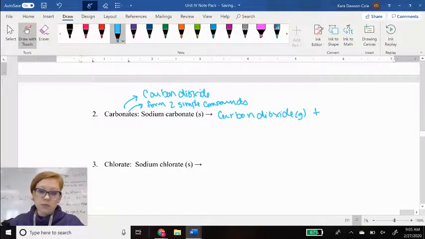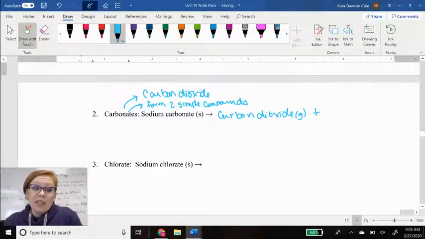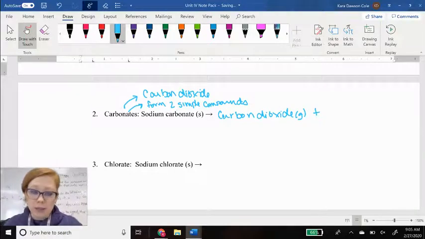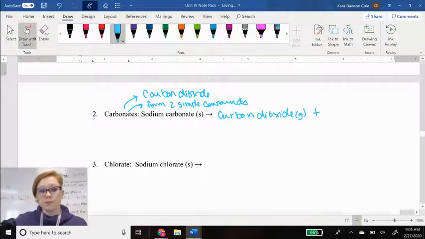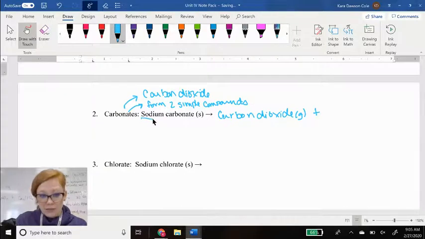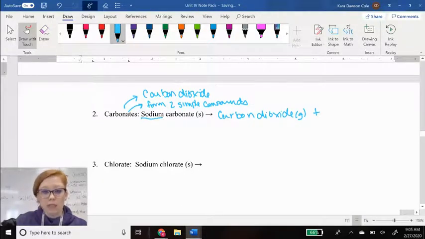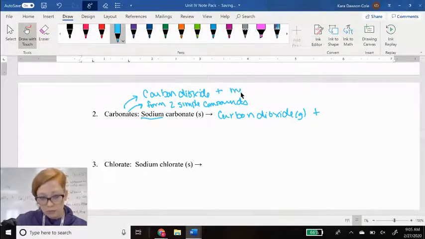Now, notice I have sodium. I can't just have plain sodium. Plain sodium is extremely reactive. It wants to be bound to something else. So this is going to form an oxide. These carbonates form carbon dioxide and a metal oxide.